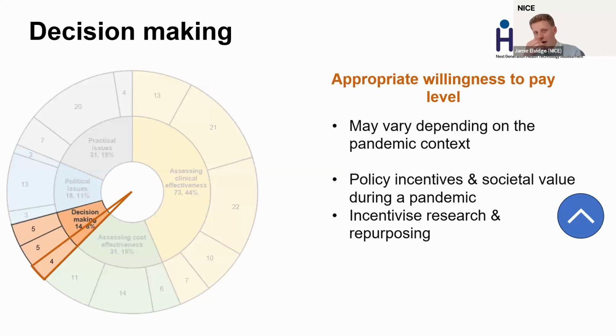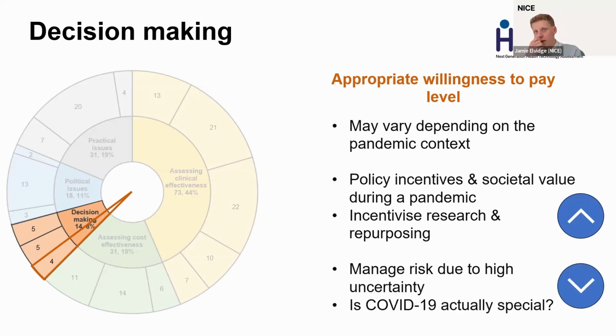And also, an argument there is that a higher threshold allows companies to charge a higher price. And just that fact might have incentivized more companies to test repurposing their medicines for COVID, repurposing their antivirals and other drugs for COVID-19, if the potential financial gains were there of health systems being willing to pay more.